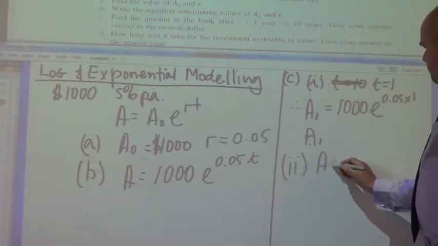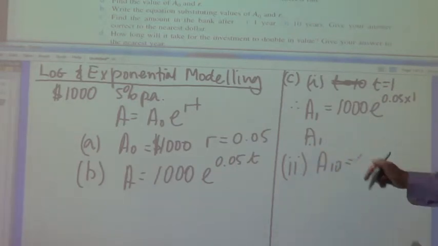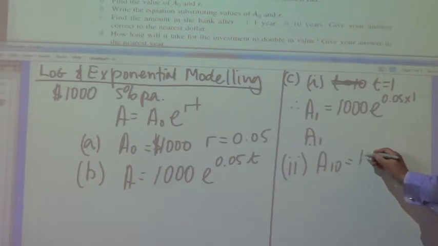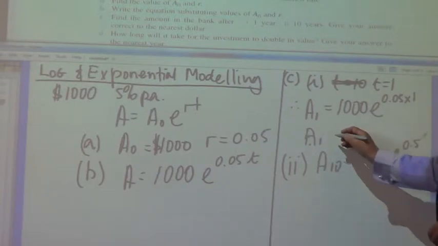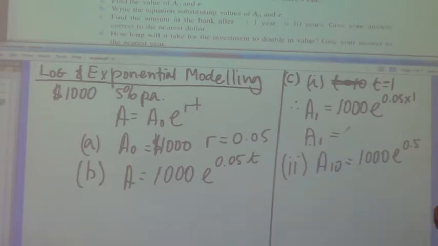So after 10 years, A10 is equal to 1,000 times e to the power of, now 10 times that is quite clearly 0.5, isn't it? So I'm just going to write it like that and perhaps someone can give me an amount there.